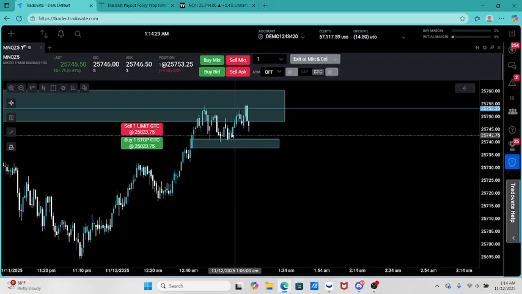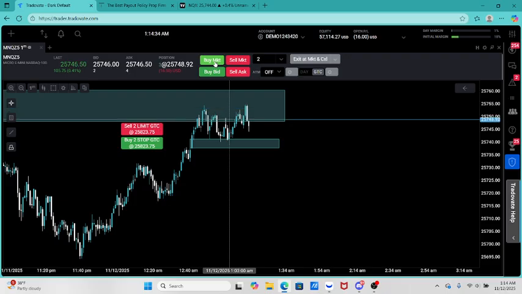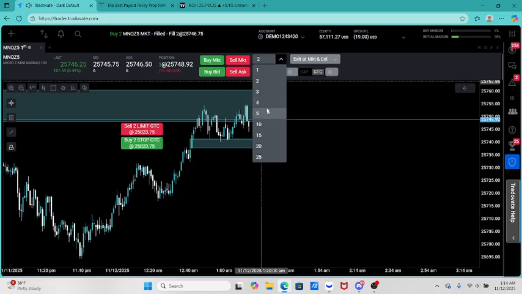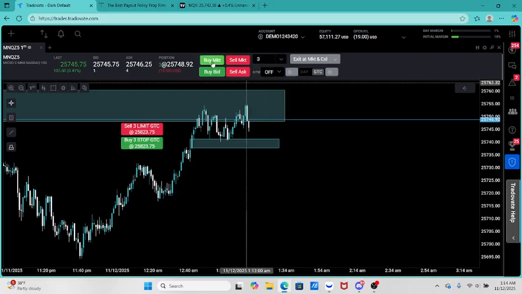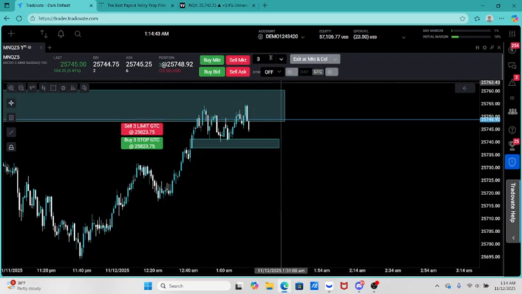Let me see if we can hold off this structure right here. This is why I always wait and just buy a few contracts, so I can get a better entry lower.